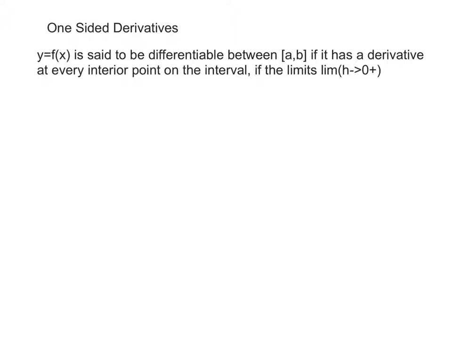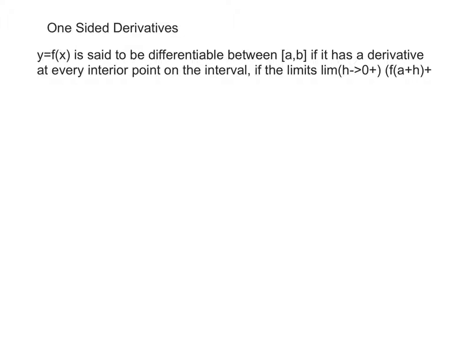If these two limits exist at the endpoints, so a function y equal f of x is said to be differentiable on a closed interval a to b if it has a derivative at every interior point on the interval, and if the limits, which we call the right-sided limit and the left-sided limit, exist at the endpoints.